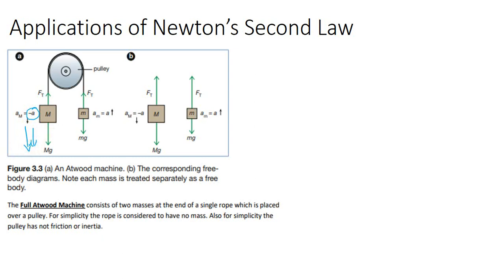Now, there is a formula that we can derive whenever we want to find the acceleration of the Atwood machine problem. What you would realize us doing is that we have to look at these objects by themselves.